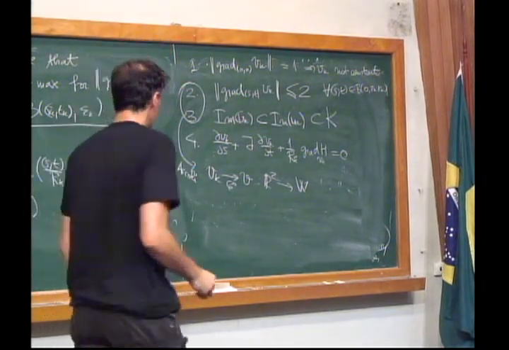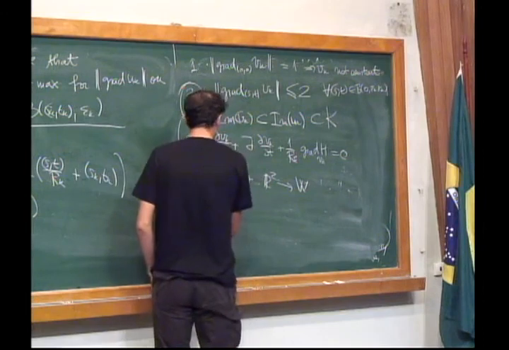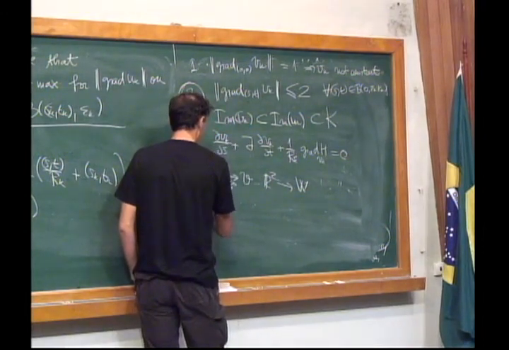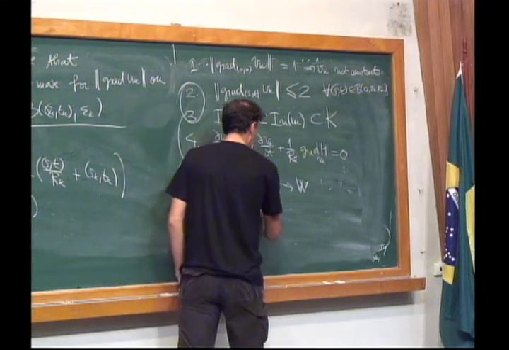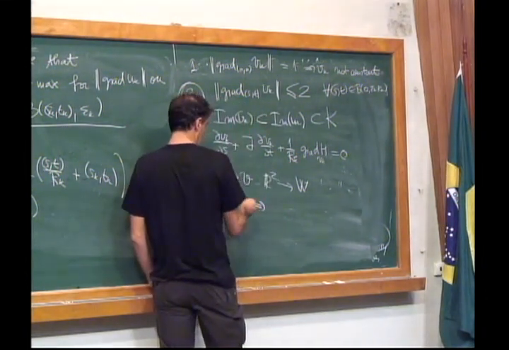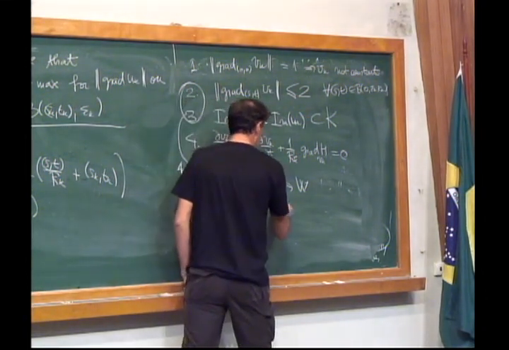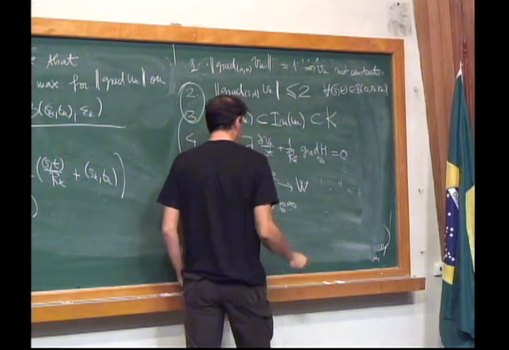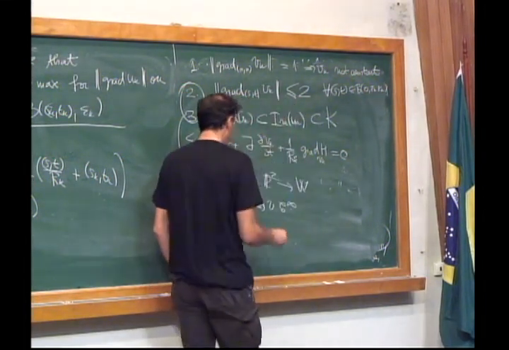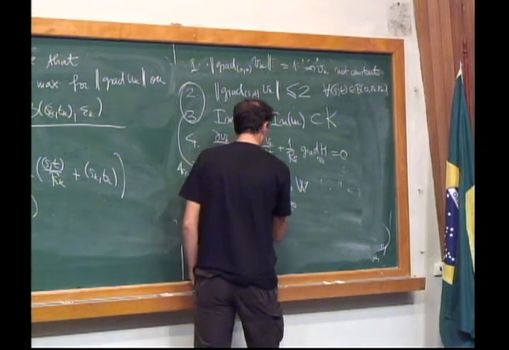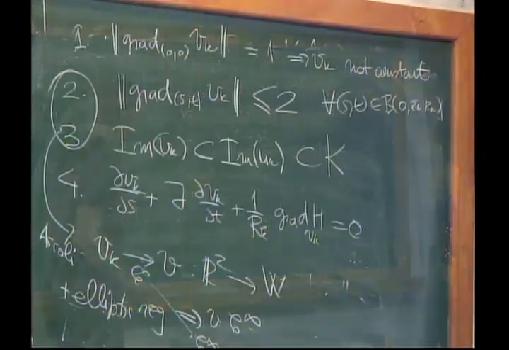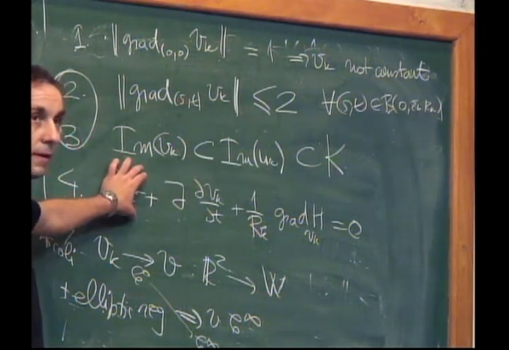And then elliptic regularity implies that this V is C infinity, actually, and the convergence is C infinity. And afterwards, you go here.